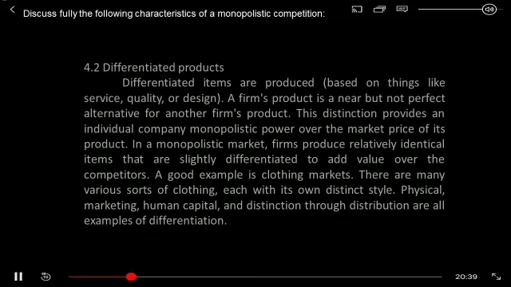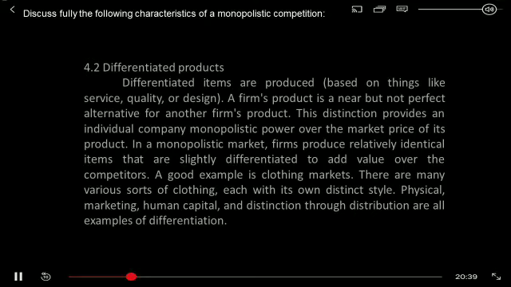4.2, differentiated products. Differentiated items are produced based on things like service, quality, or design. A firm's product is a near but not perfect alternative for another firm's product. This distinction provides an individual company monopolistic power over the market price of its product.